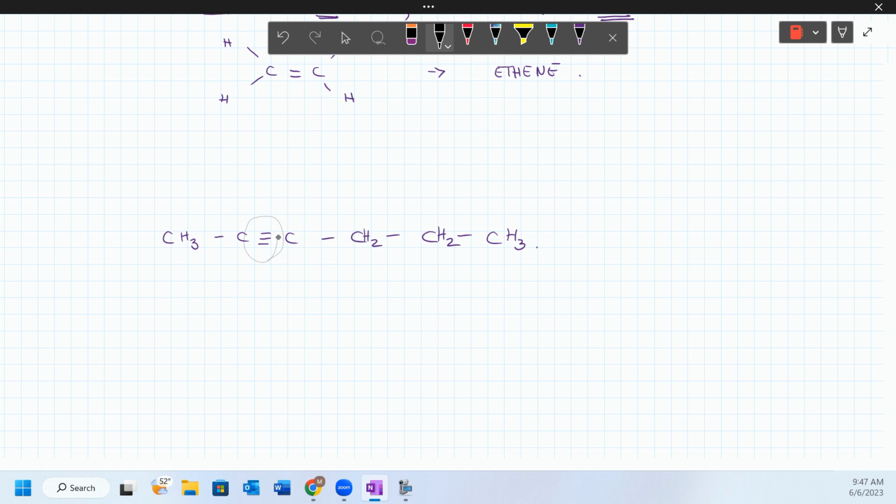If we are starting to number the carbons here, and there is no branch, then we have two ways. We have to number it as 1, 2, 3, 4, 5, and 6, or we can go the other way, 1, 2, 3, 4, 5, and 6.